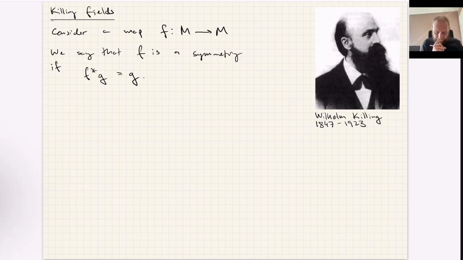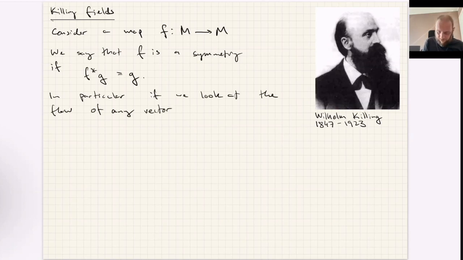So in particular, if we look at the flow of any vector field K, so that was a map from the space to itself, right? And it depends on the parameter S, which is continuous.